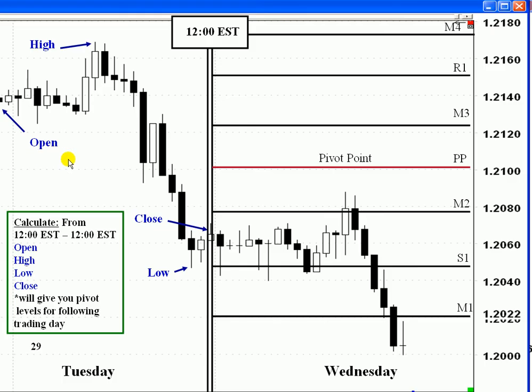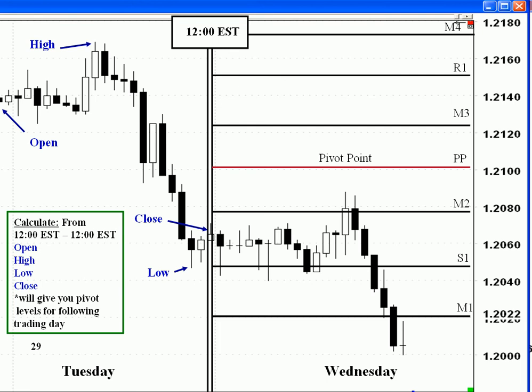So as an example of how to calculate these pivot points, we will look at our opening price. So when we look at a day's trading, for example, here we have Tuesday.